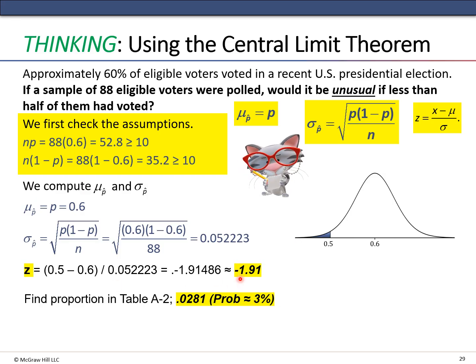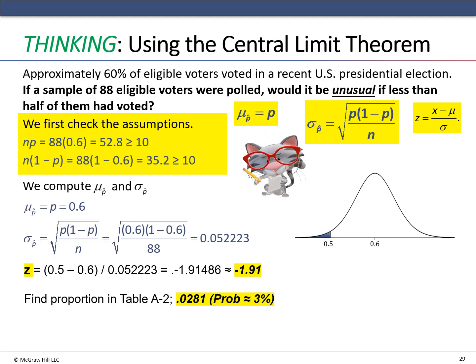When we look in table A2 for negative 1.91, again, remember we round to 2 decimal places because that's what our table gives us. We go to negative 1.9 in the left column, go over to the 0.01 column, and look at that data entry: we get 0.0281, which is roughly 0.03 or 3%.